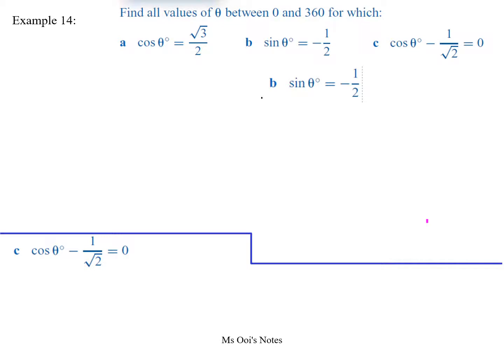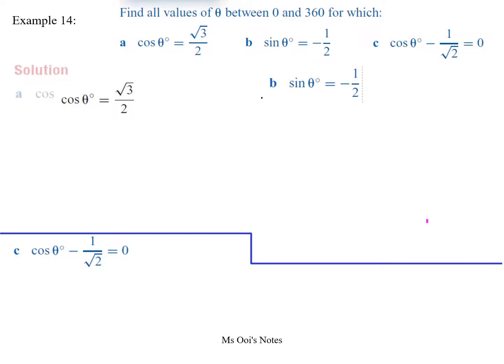All right, let's look at example 14. Find all values of theta between 0 and 360, for which the first one is cos theta degree equal to root 3 on 2. Let's start with the first one. Cos theta is equal to root 3 on 2. Now you begin to think, what's the reference angle in the first quadrant? In other words, my basic angle here, or some people call it the base angle.